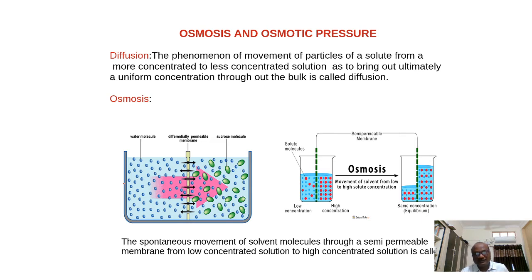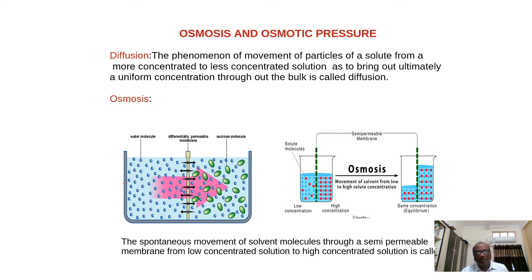If two solutions of different concentrations are mixed together, then the process of diffusion will take place. The solute particles will move from high concentration solution to low concentrated solution. Like that, the movement of solute particles will take place till a uniform concentration is established. So this is called diffusion, we say.